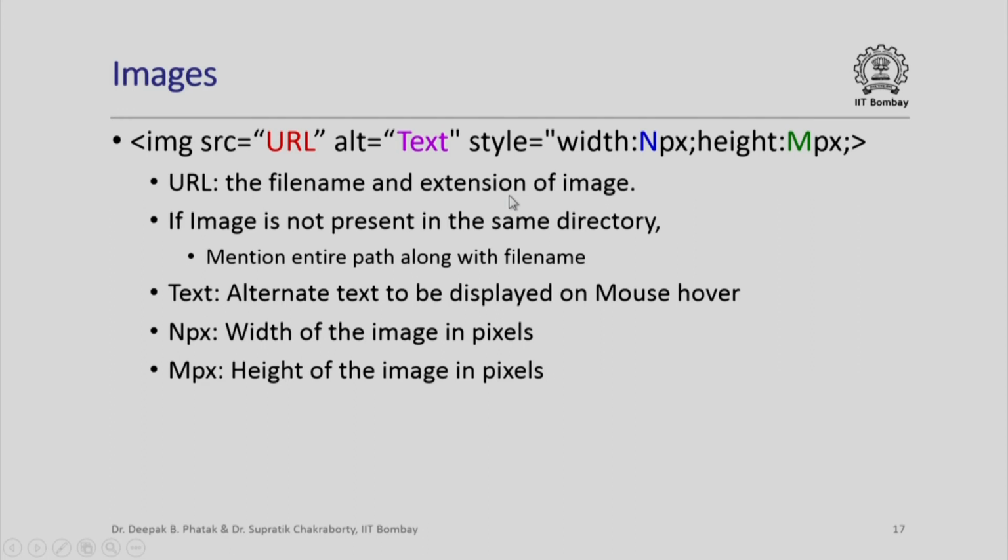You can also prescribe an alternate text. For example, if the image is to be displayed and while it is taking some time to display, when you hover with your mouse on that area, you will be able to see the text that you have written here. You can define the style in which you can specify the width and height in terms of number of pixels, npx and mpx.